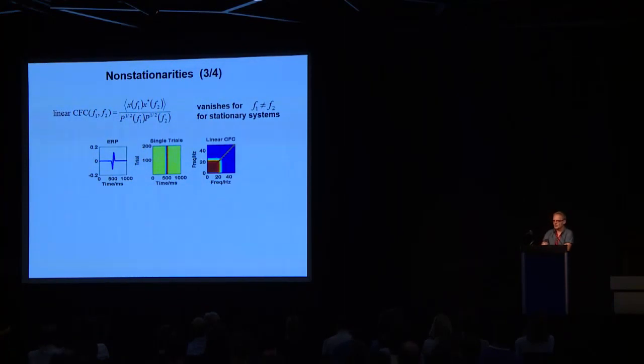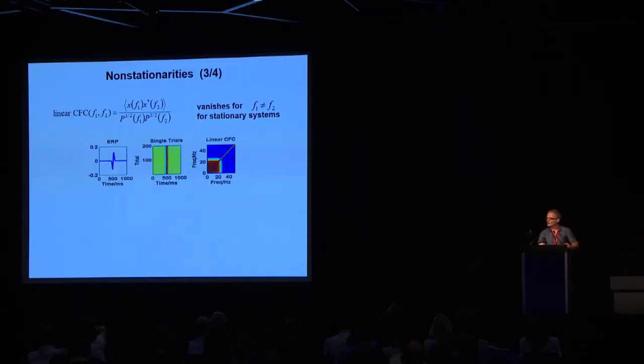So if we would calculate something for this like an ERP, say this is a simulation for an ERP. This is clearly a non-stationary case, so we do have a time clock given by the stimulus, and then we would calculate this, what I would call a linear cross-frequency coupling. Then we would come up with the result shown on the right side.